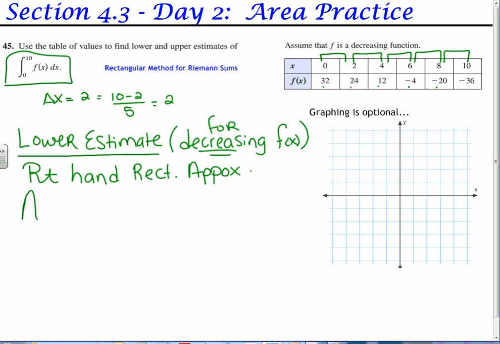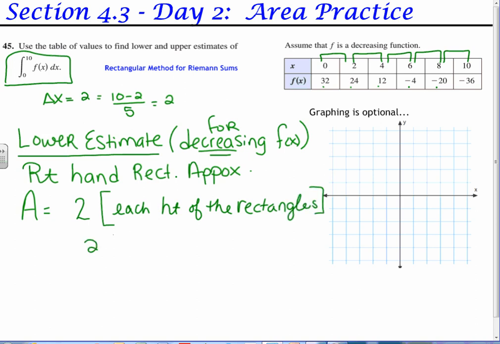Let's go for an area approximation here. Well, delta x stays the same on every interval, so we could pull our delta x out front and say we've got 2 times each height of the rectangles, right? So in other words, I'm going to go 2 times.